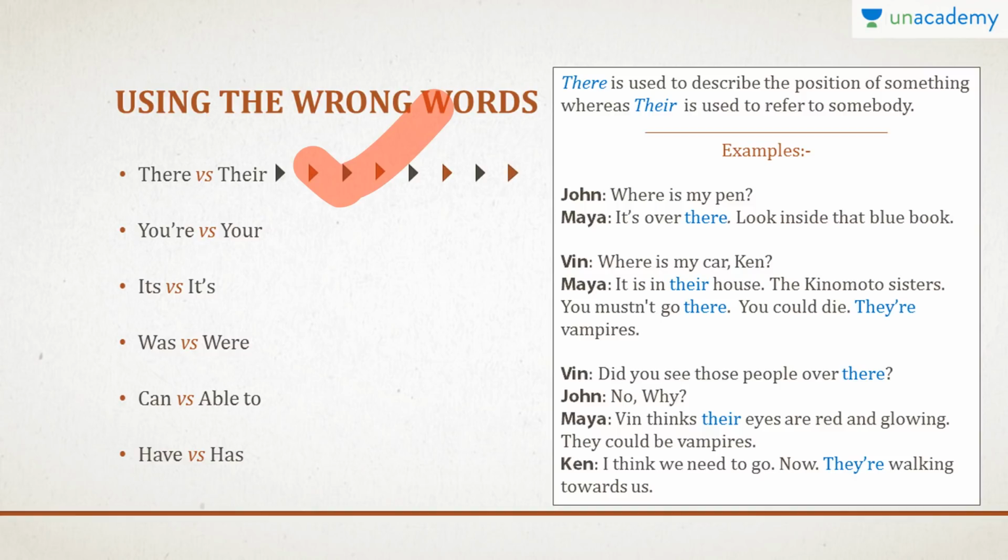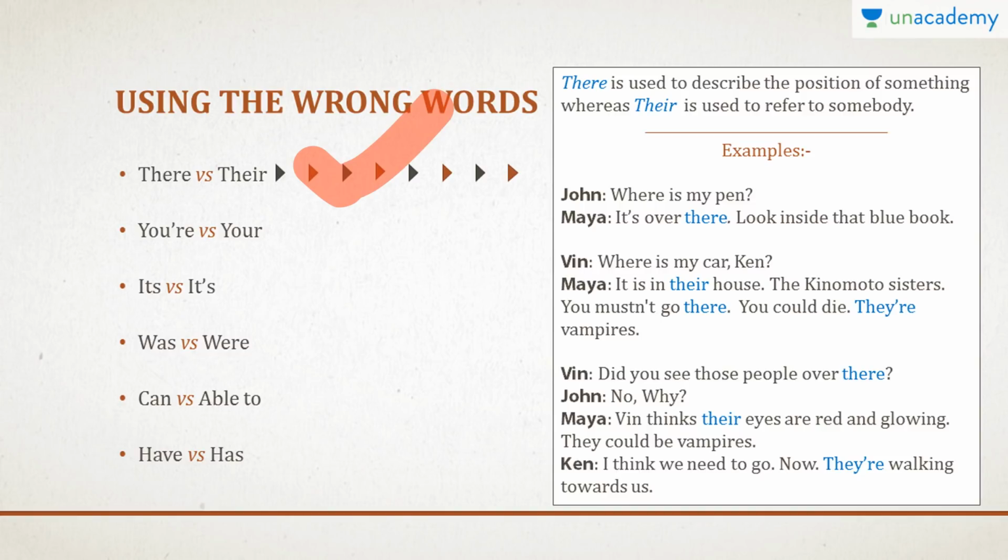THERE is used to describe the position of something, whereas THEIR is used to refer to somebody. So, when you want to tell someone to go to a particular place, you would tell them or shout at them, go there, where the spelling is THERE.